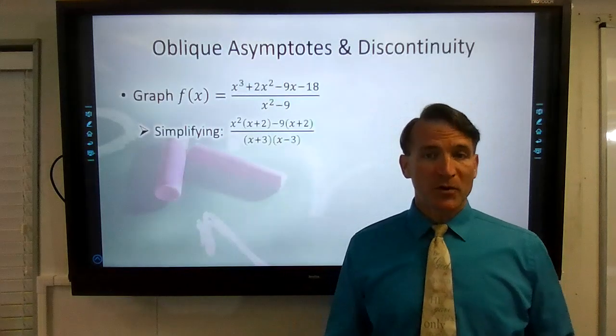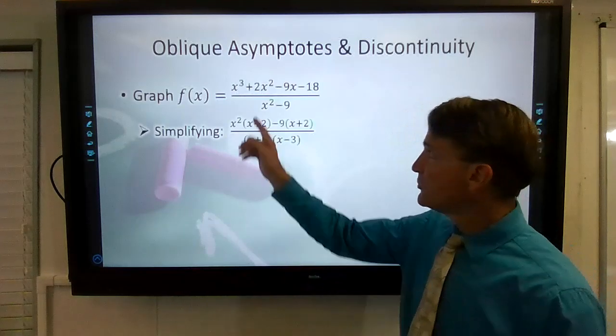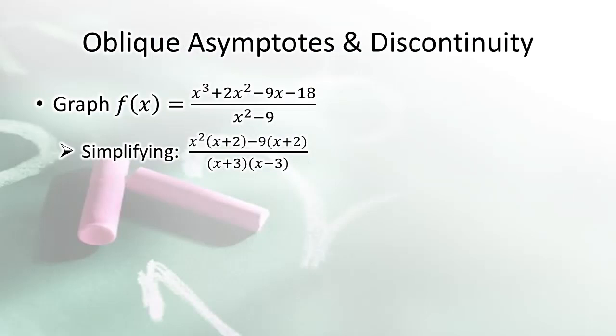So walking you through the process, since it has been a while, we are going to factor out of my first 2 terms an x squared, giving me x squared times x plus 2. Out of my last 2 terms, I'm going to factor out a negative 9, giving me x plus 2. In my denominator, I have a difference of squares, an x plus 3, x minus 3.